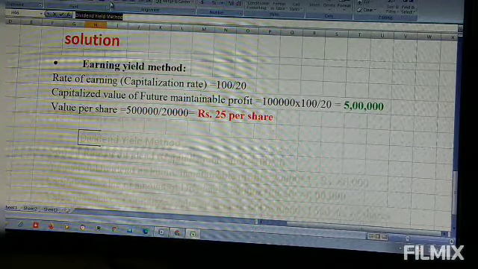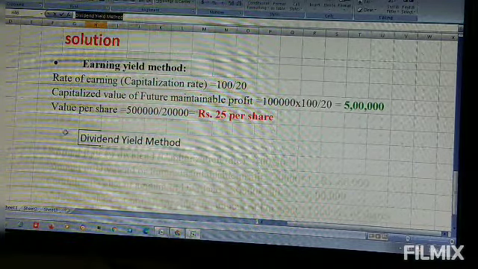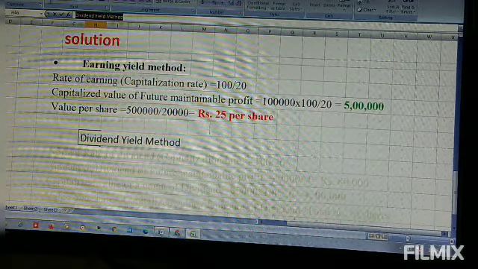Just darken it. Dividend yield method. Second method it is.